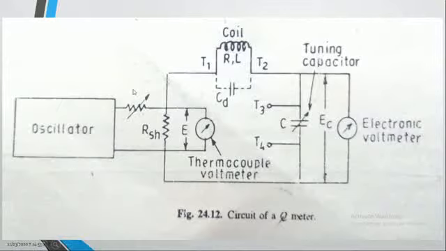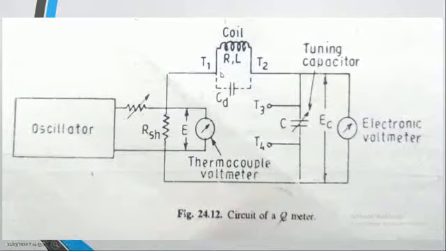So here is the circuit of the Q meter. In this Q meter we have a radio frequency oscillator whose frequency is adjustable, and we have a very small shunt resistance. Across the shunt resistance we measure the voltage using the thermocouple voltmeter.